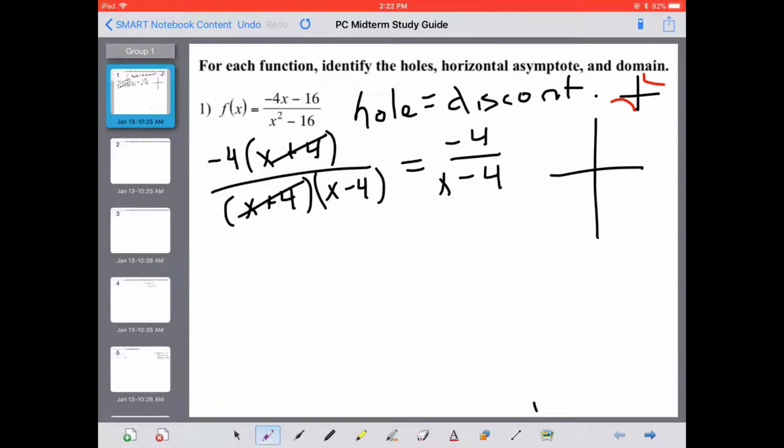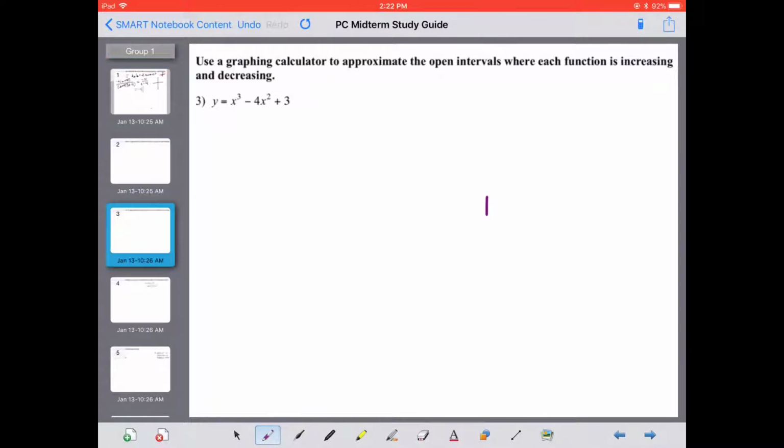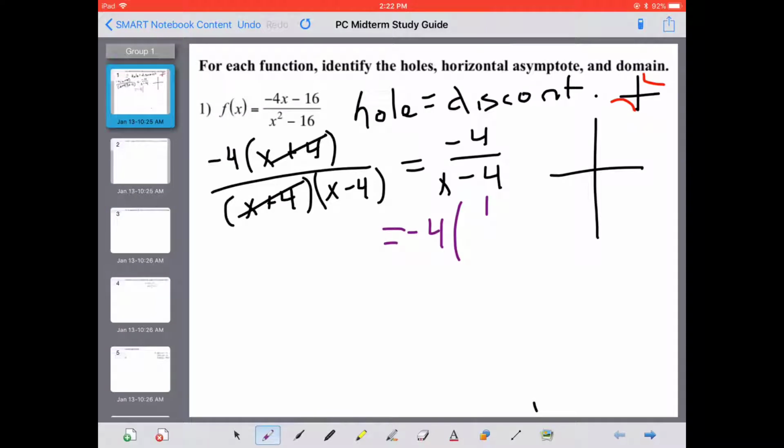And that -4 on the top, if we wanted to draw it a little bit more familiar, we'd have x minus 4 on the bottom like this. So it looks a little more like a transformation. That means we would move over to the right 4, and then we would vertically stretch out 4 and reflect across the x-axis. So we would get a graph that kind of looks like this.